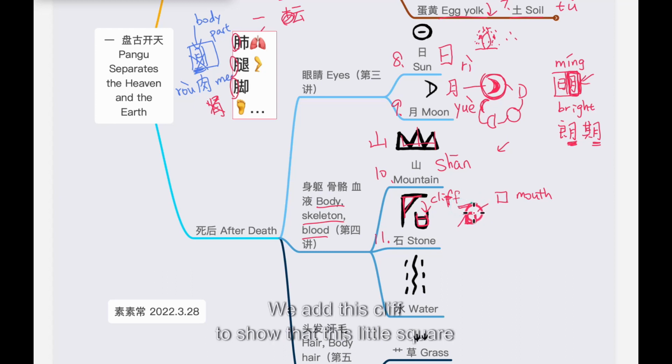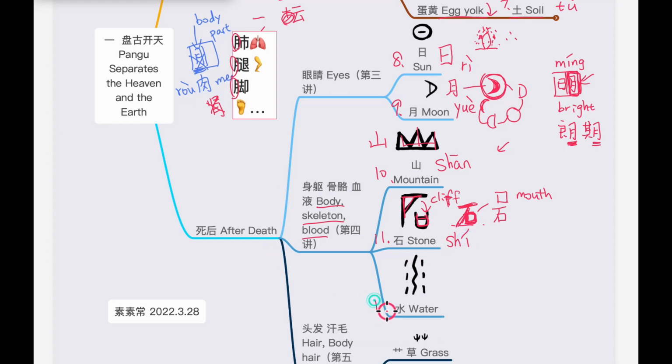We add this cliff to show that this little square is a stone because it's underneath the cliff. It's falling down from a cliff. That's how this character is made. Instead of just drawing a square, I add the cliff on top to show you this is the stone. 石, this character called 石, stone.